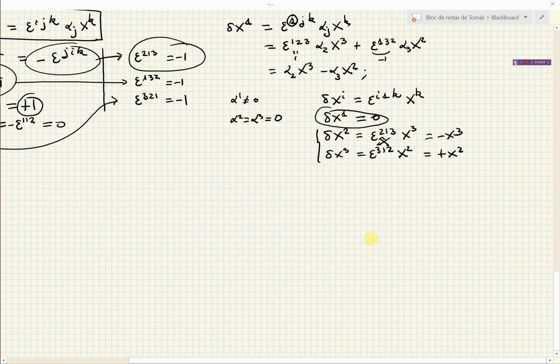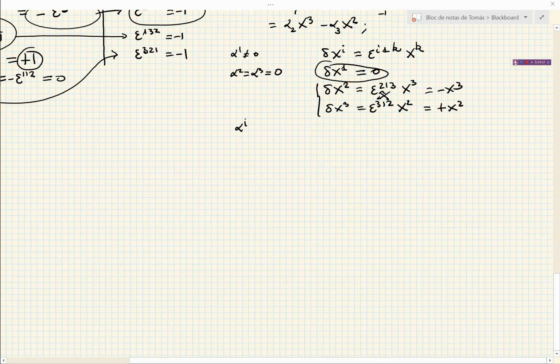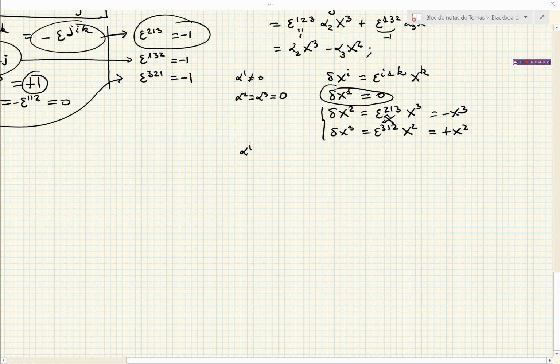So in general, these are going to be infinitesimal rotations in the axis xi, alpha I, sorry, whatever this I is. And if the three of them are different from 0, the axis of rotation does not coincide with any of the coordinate axes.